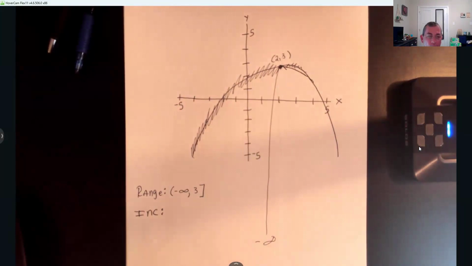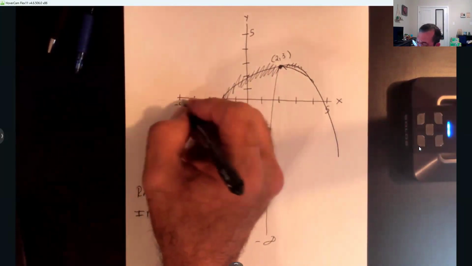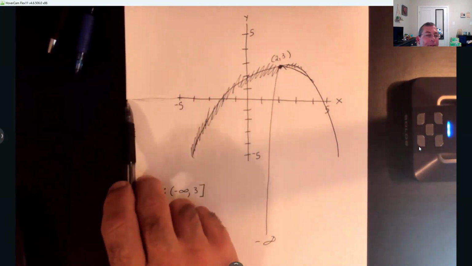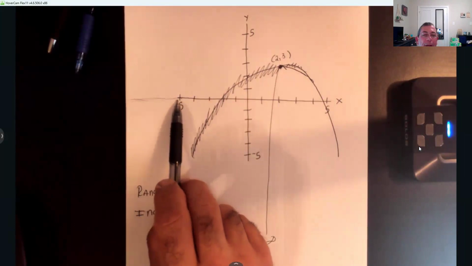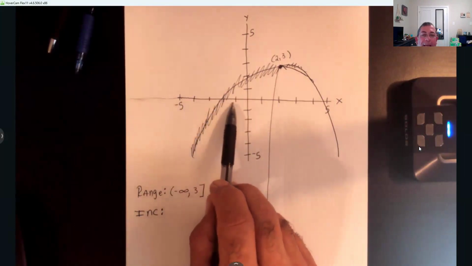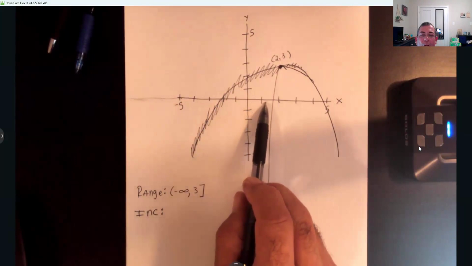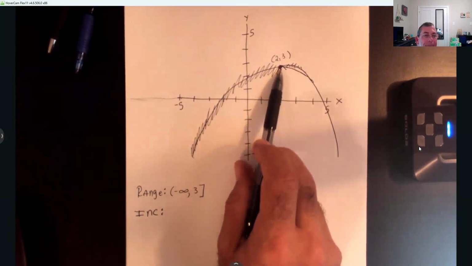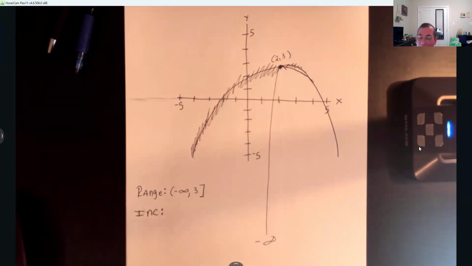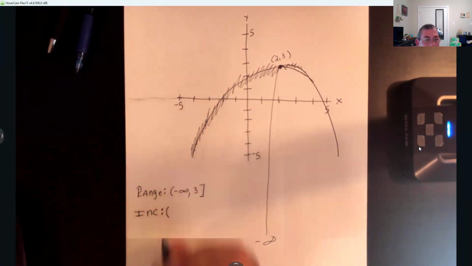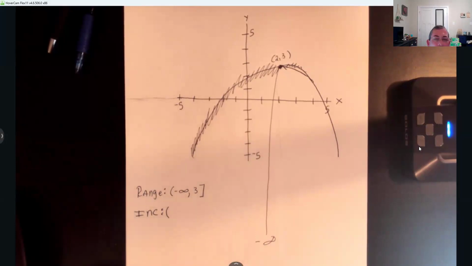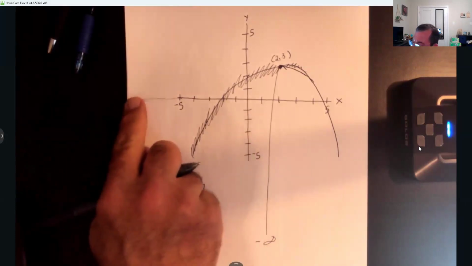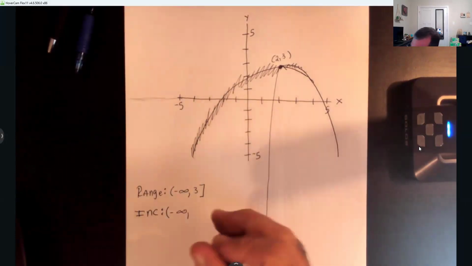So where does it start going uphill at? On these x's. All right, it's way out here somewhere starts to go uphill as I'm cruising down that x-axis, and it stops going uphill when I get to my point right here. So what do we got now? Negative infinity. Good job. Y'all are coming in from negative infinity. And then we're going to 2. Good job.